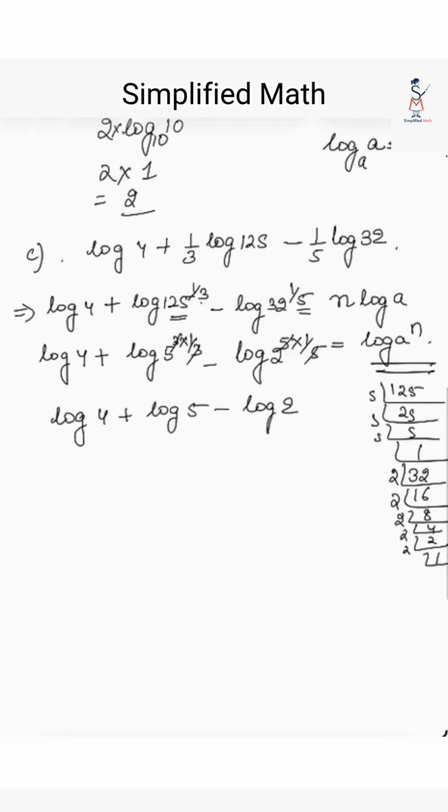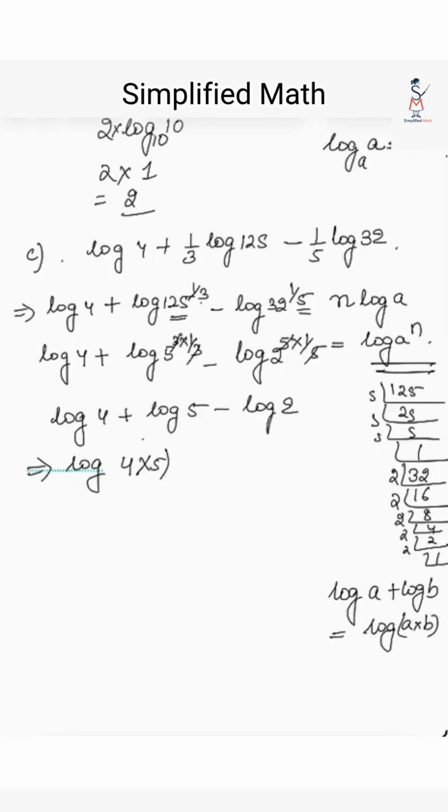Now again we'll follow the rule of log, that is log a plus log b is log a into b. So now you can write it as log 4 plus log 5 will be log 4 into 5 minus log 2. Same way, again we know the rule, that is log a minus log b is log a by b.